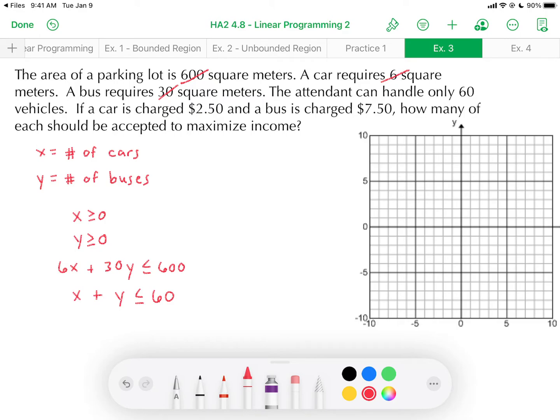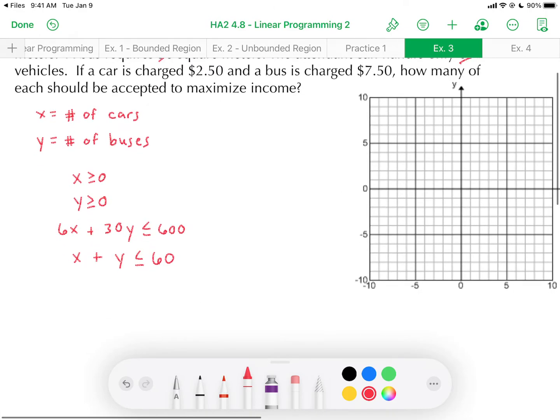Okay? All right, so cross off the 60, and notice the only numbers that are left are the money values. And those are what we're going to use to make our objective function. Notice we're trying to maximize income, right? So income implies money.